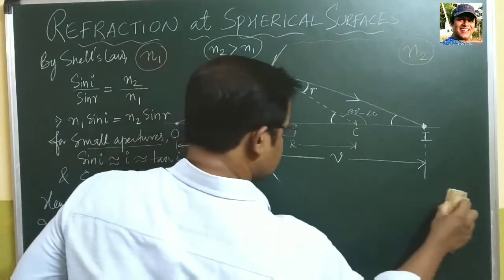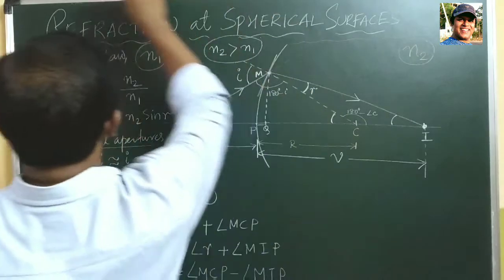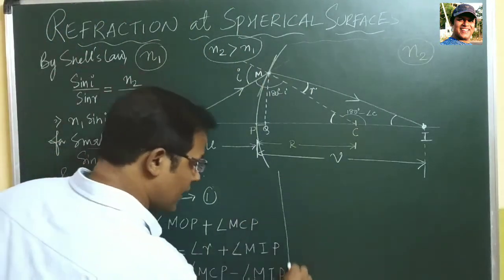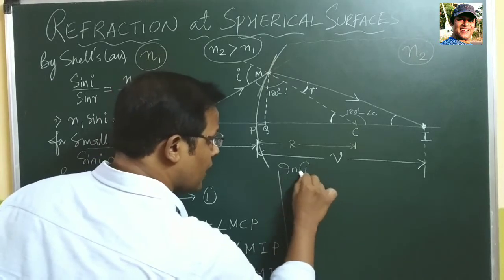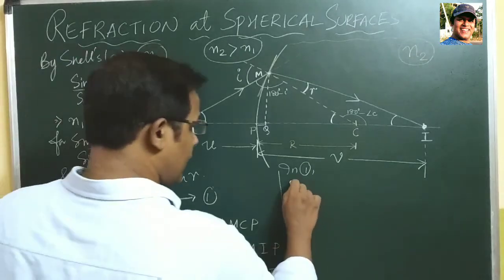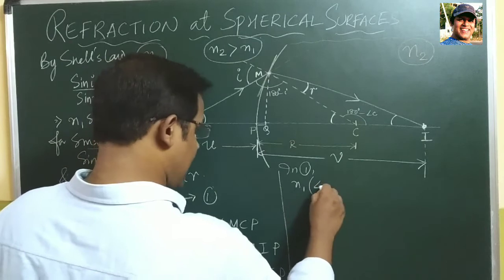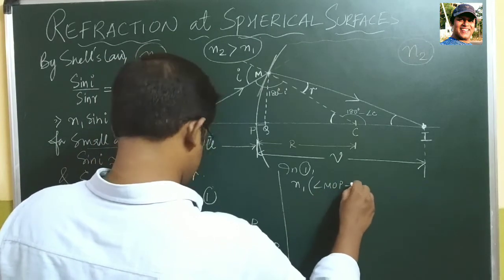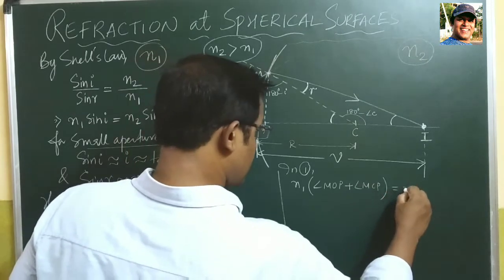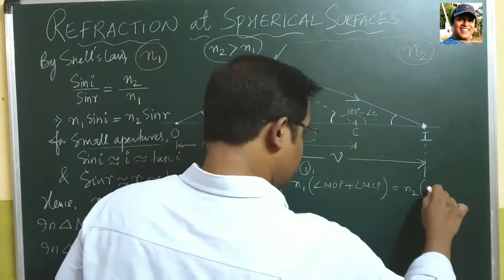So let me just cut it down slightly there. Okay, right. So in equation 1, if I put it back there, what I will get, let me check it out. N1 I, this is angle MOP plus angle MCP should be equal to N2 multiplied with this angle R. Just put in the values.